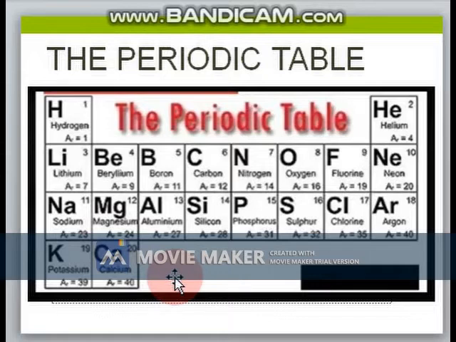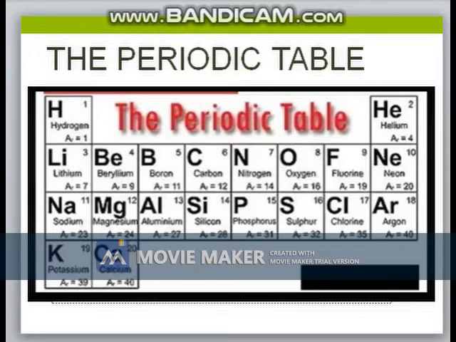In reality, the periodic table is bigger than this, but at this stage we need to know the first 20 elements, and this is the table that goes accordingly with it. Later in your studies in higher institutions, you will learn more about those other elements and the table as it is.